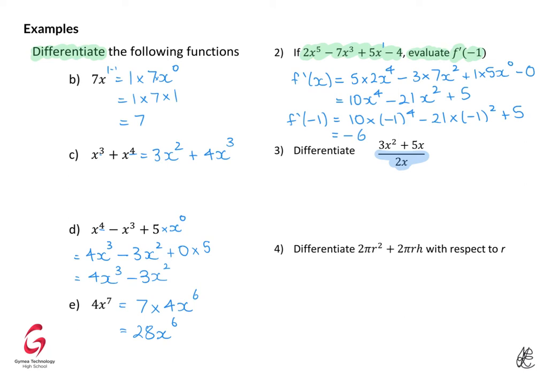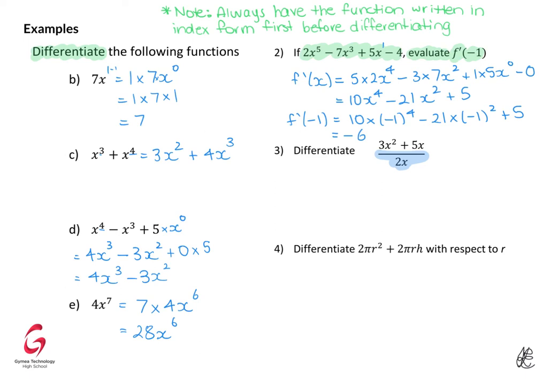So there is a trick we must always remember when we are differentiating, and that is that we must always have our functions written in index form first before we can find the derivative. So that means that I'm going to apply law 2 here and actually divide those same bases of x so that I can simplify this expression.